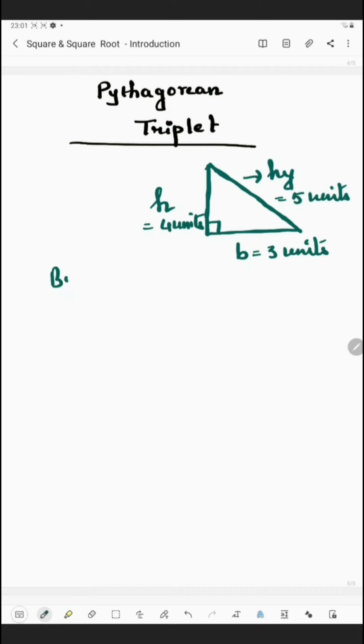then according to Pythagoras theorem, the square of the longest side, which is 5 square, equals the square of base plus the square of height.